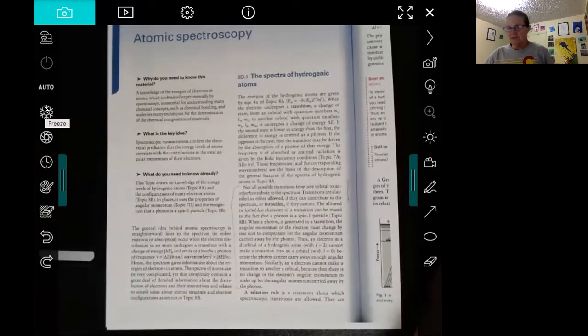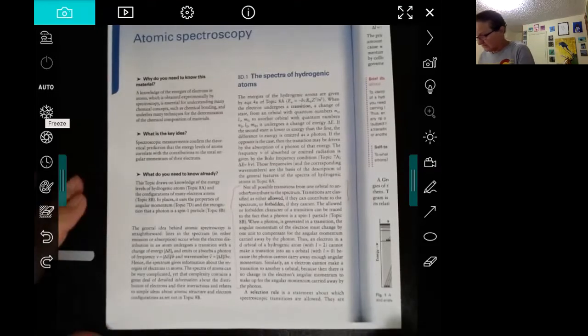And so like we discussed in topic 8b, where we said that if you use self-consistent field calculations, you can get really good agreement with experiment. And so this is what you'd be talking about. What are the actual energies that an electron can take on, and you can measure those with spectroscopy.